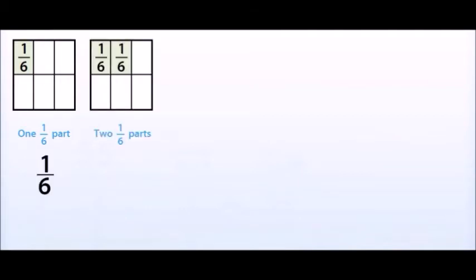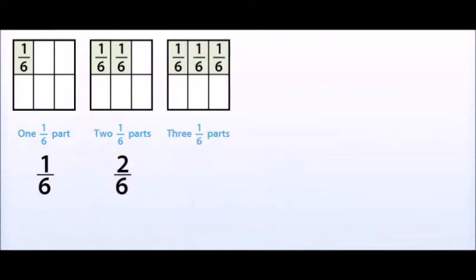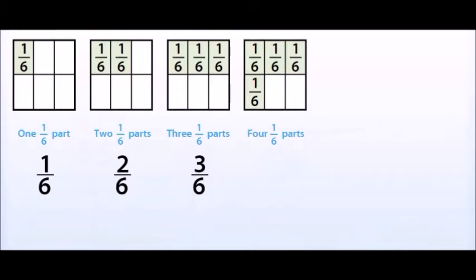Each part is 1/6. Here's 1/6 part. The fraction for 1/6 part is 1/6. Here are 2 1/6 parts. The fraction for 2 1/6 parts is 2/6. The fraction for 3 1/6 parts is 3/6.